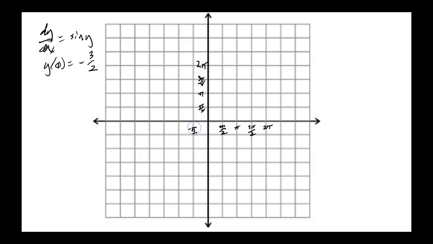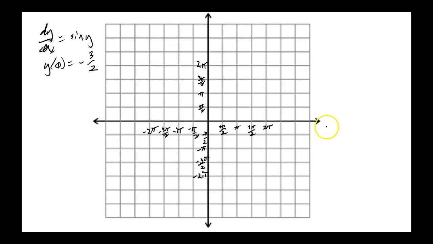Minus pi halves, minus pi, minus 3/2 pi, minus 2 pi, and so on. Now, notice the x is not going to matter at all. It's just what is your y doing. So basically, I'm just going to use the y scale here.